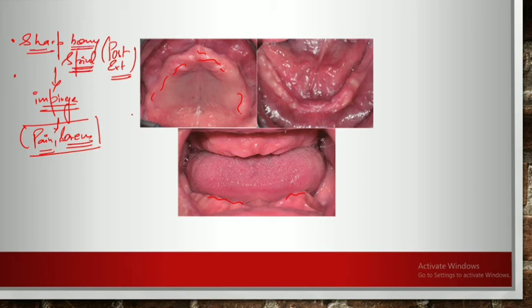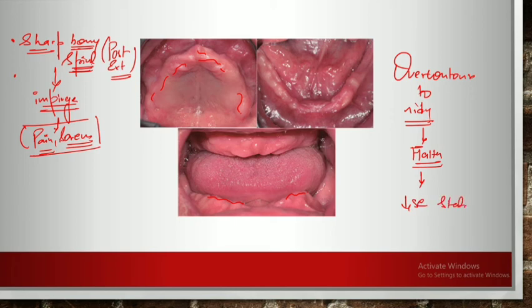But over contouring of the ridge in these conditions, what is going to happen? The ridge is going to become more flatter. There are not going to be any elevations and depressions, which will decrease your stability.